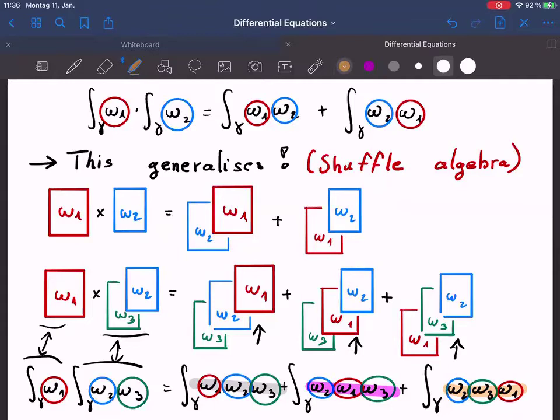If you have two iterated integrals along the same path, you multiply them, you interpret the sequences of differential forms as decks of cards, and then you sum over all possible ways of shuffling these two decks of cards. Such an algebra structure is called a shuffle algebra. And that's always the case when you work with iterated integrals.